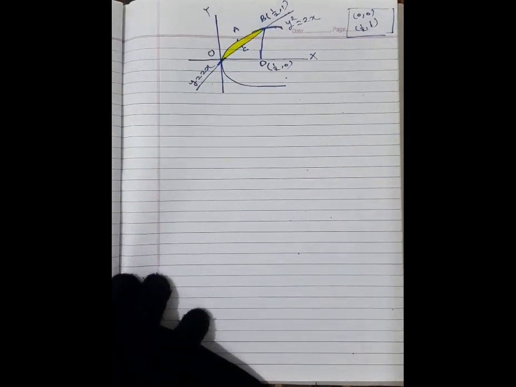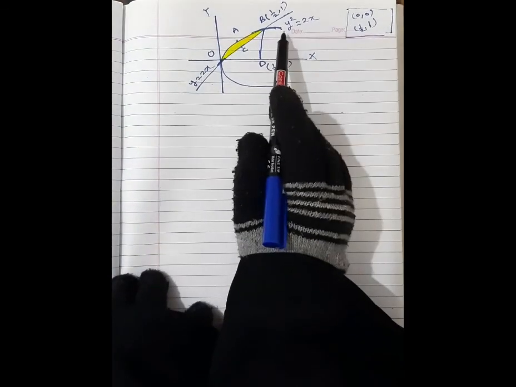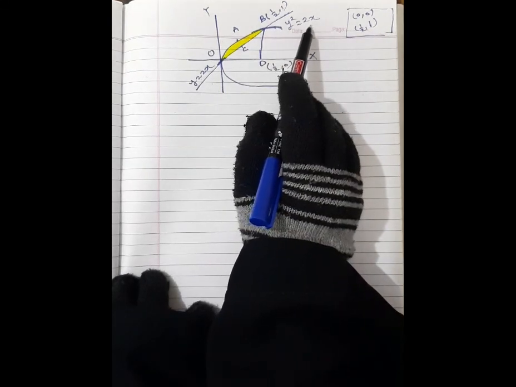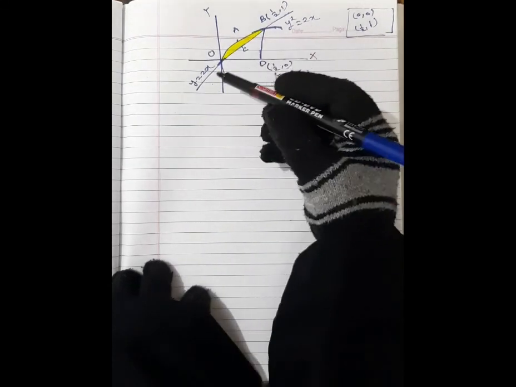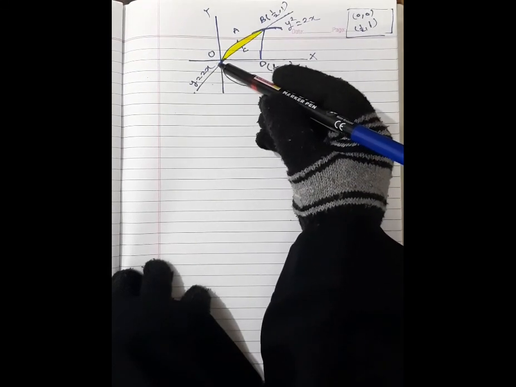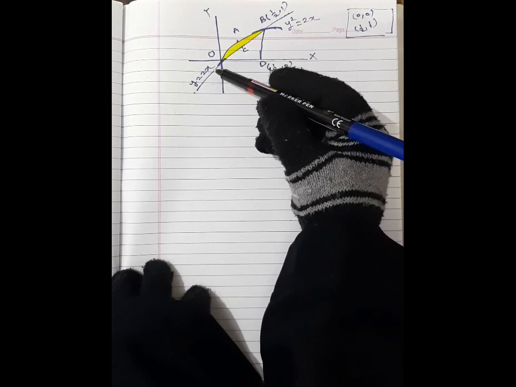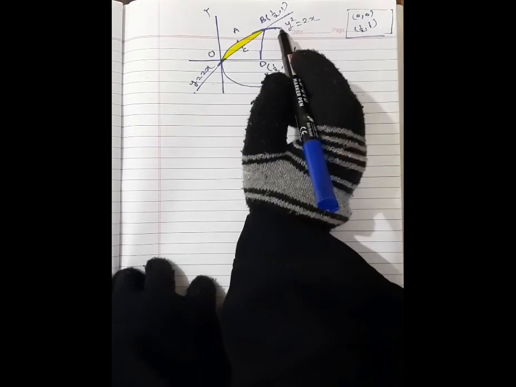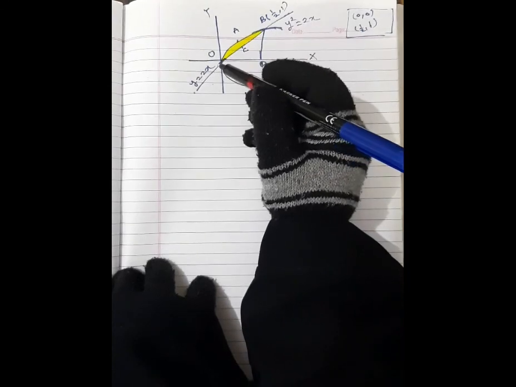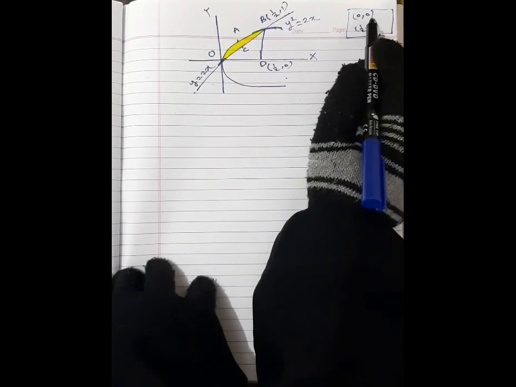Here two equations are given: one is the equation of the parabola, y square is equal to 2x, and one is the equation of the line. This is our line, y is equal to 2x. So students, this parabola and line intersect at point 0, 0.